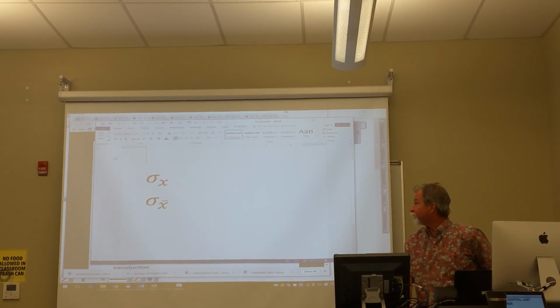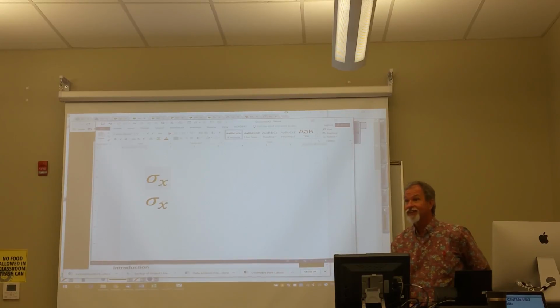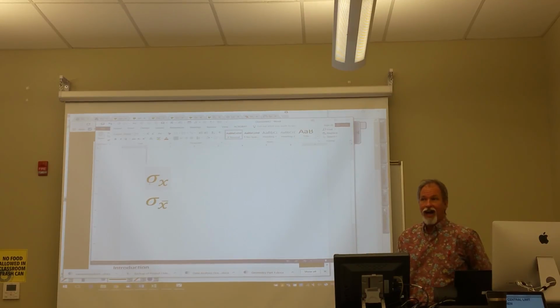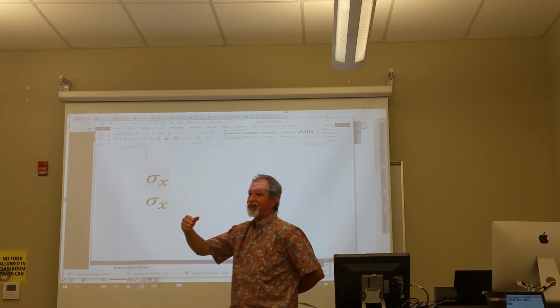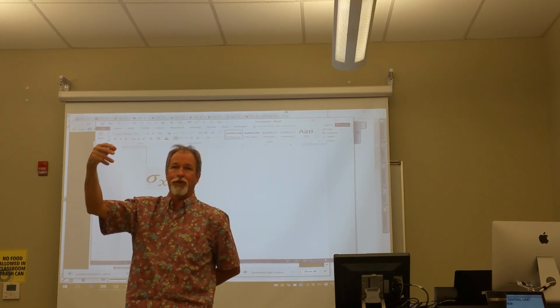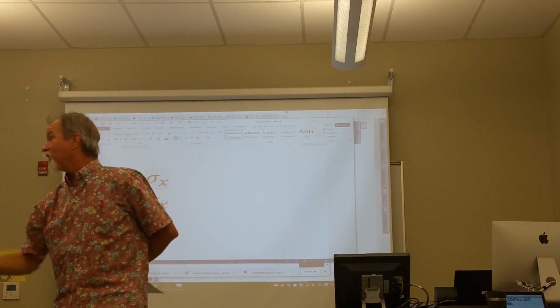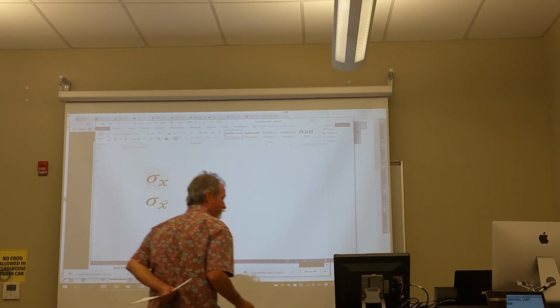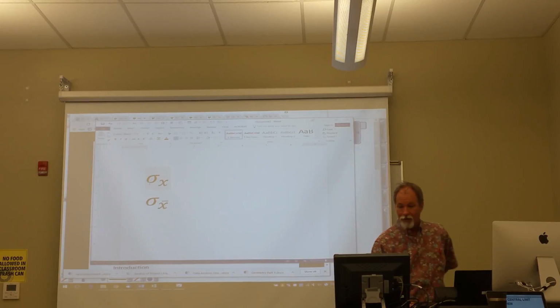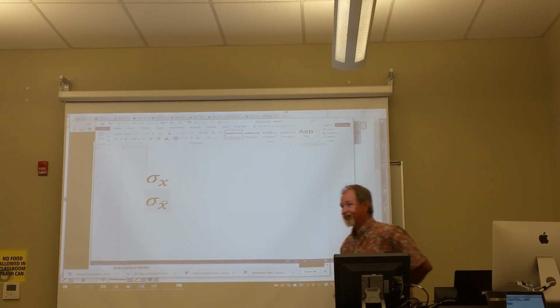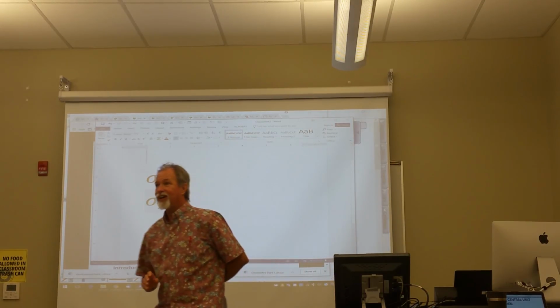Is there a difference between these two? Yes. What does this mean? I want the standard deviation of the variable x. What does this mean? Sample mean.